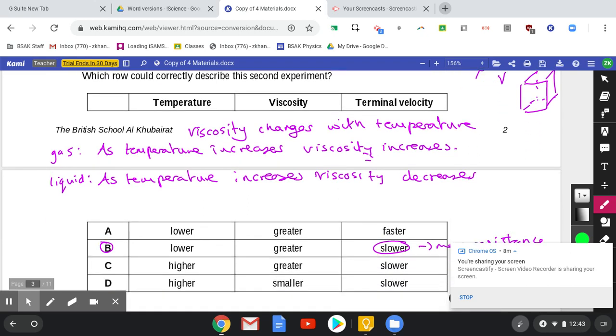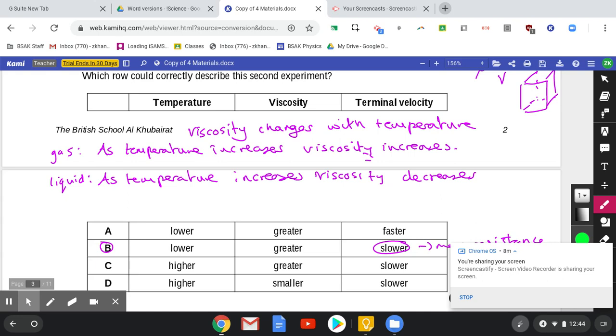But with a liquid it is the opposite. As the temperature increases, the viscosity decreases. A classic example is the oil that goes into your car. When it's inside the container, it is quite thick, and you pour it into your car engine.